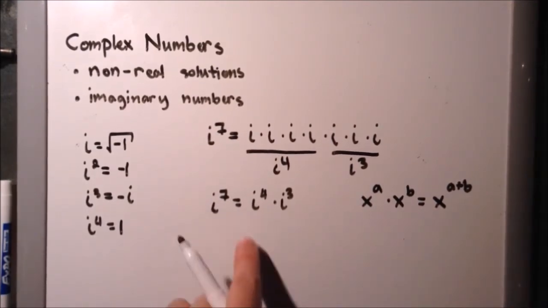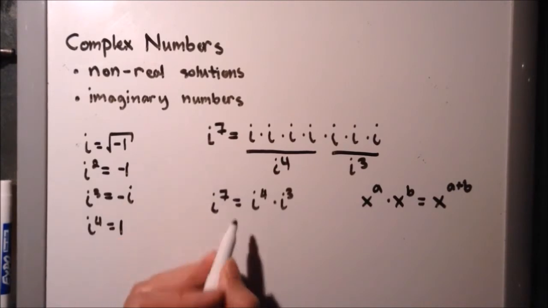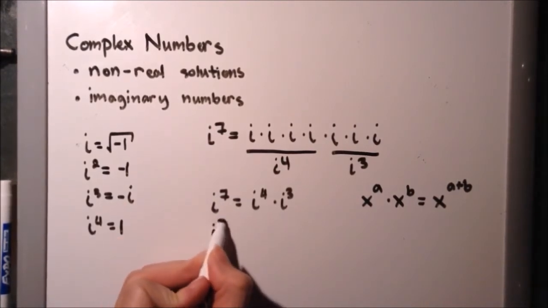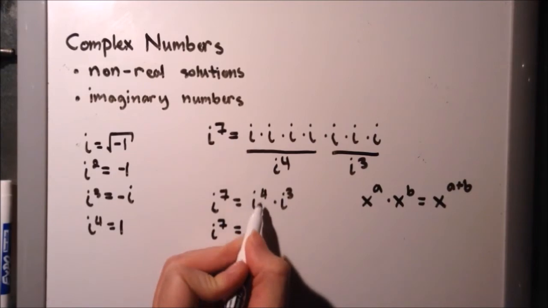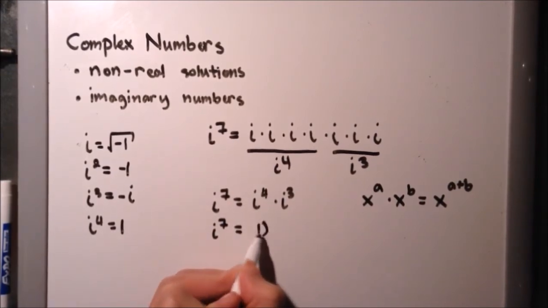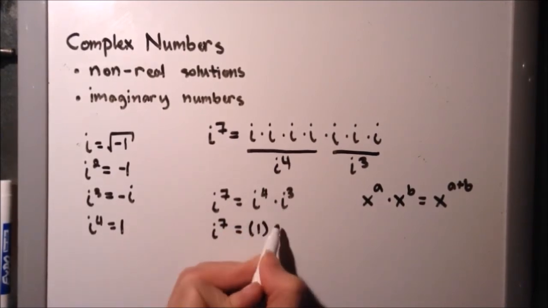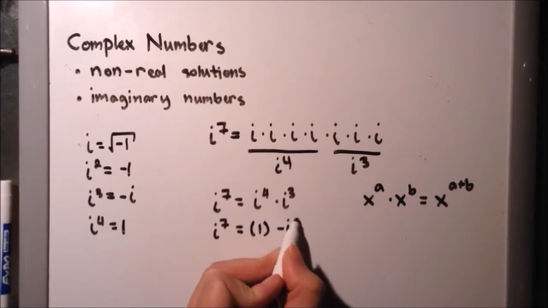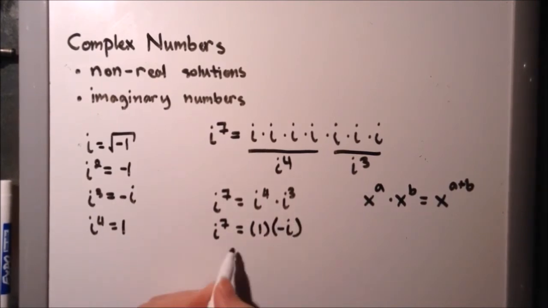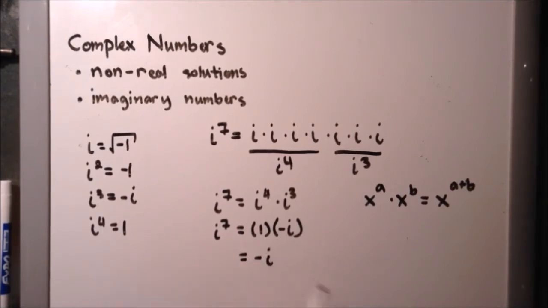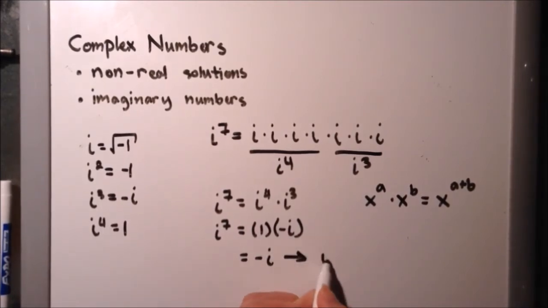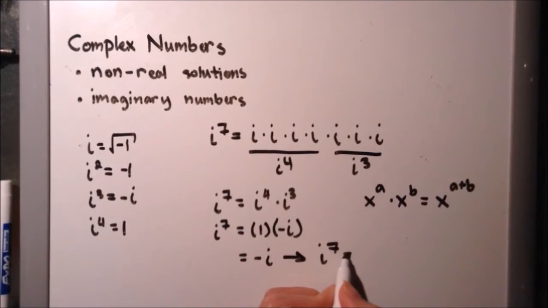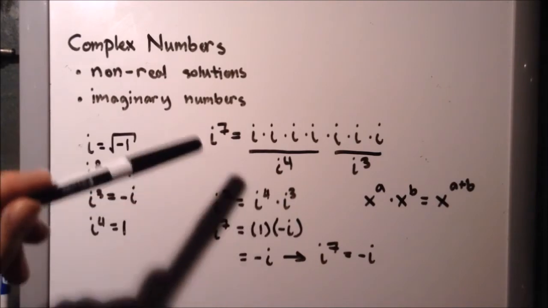Now, to simplify this, i to the 7th is equal to i to the 4th, which is a positive 1, times i to the 3rd, which is negative i. And then 1 times negative i is simply negative i. So, i to the 7th power is equal to negative i. So that's one way to simplify when given i to the 7th.